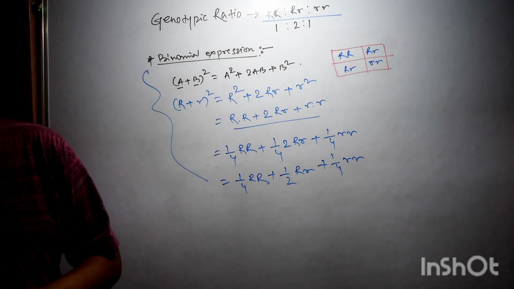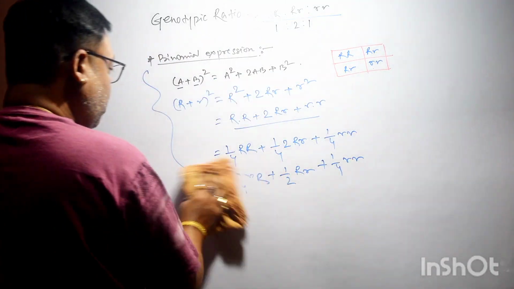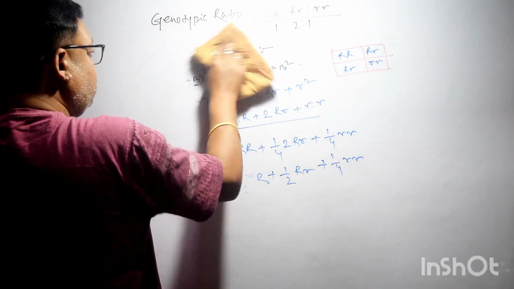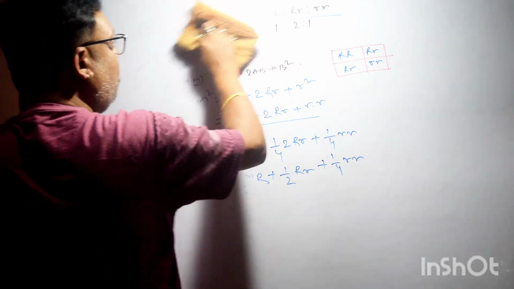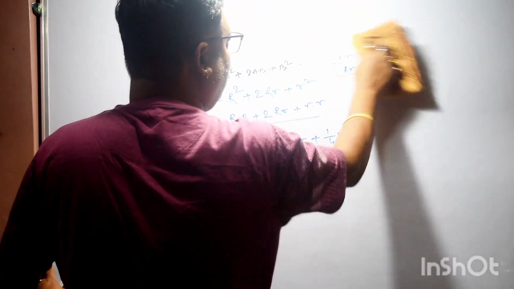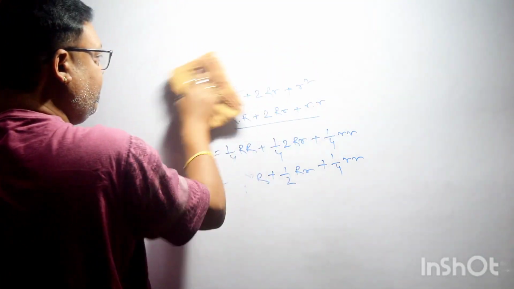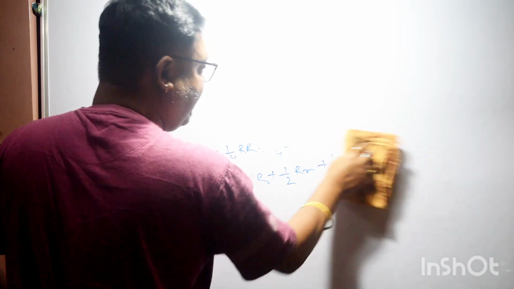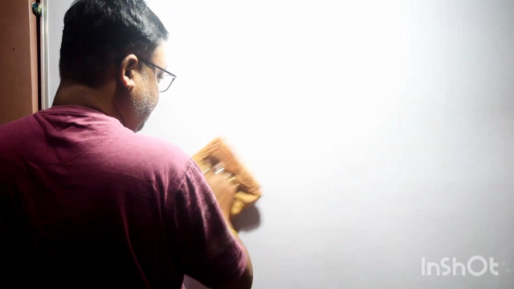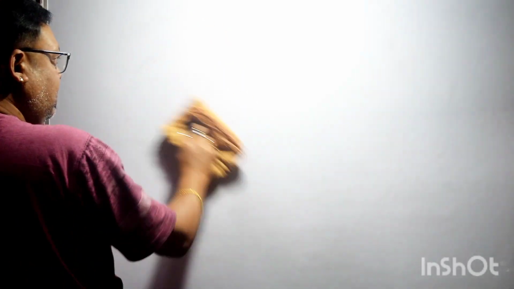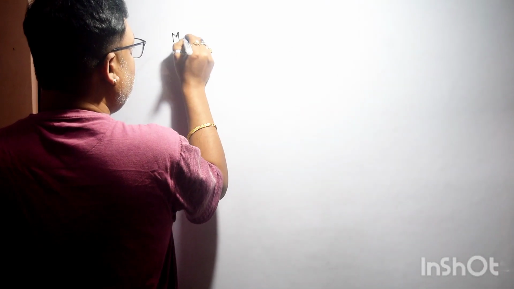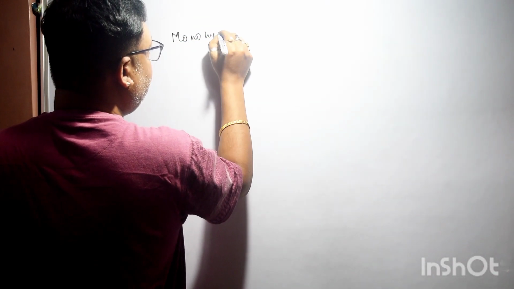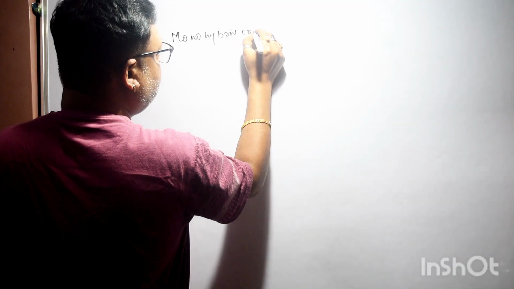Okay, now these kinds of crosses are also known as monohybrid cross. Why? Because only one character of the whole plant, that is color of the flower, is under consideration. The rest of the characters, the length, the shape, the size, the position of flowers, the type of leaves, whatever they are, we are not considering. So this is known as monohybrid cross.